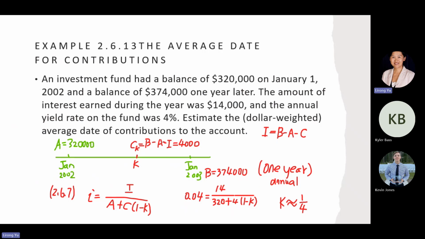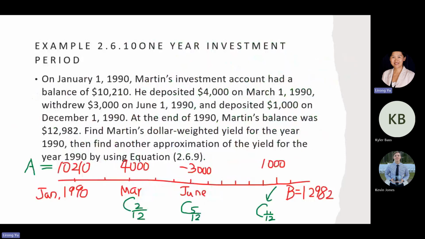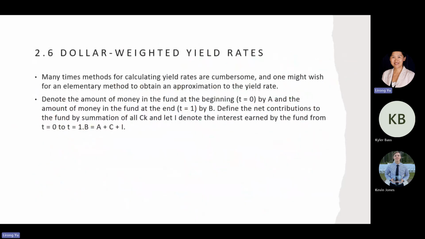Let's see the time. All right, so basically 2.6 focuses on calculating dollar-weighted yield. The reason we want to calculate dollar-weighted yield is that sometimes when you have a difficult or complicated cash flow, solving the time equation of value may be complicated or too time consuming.